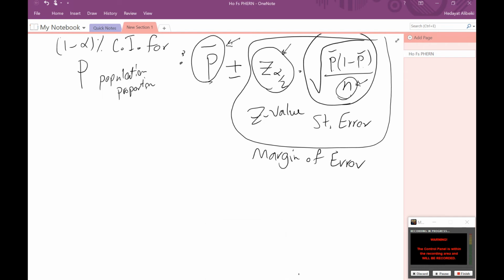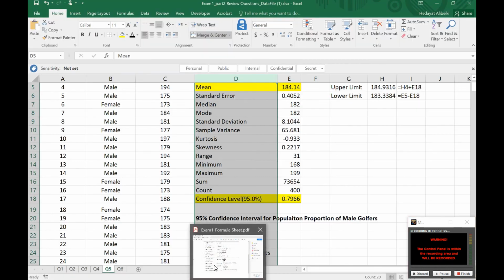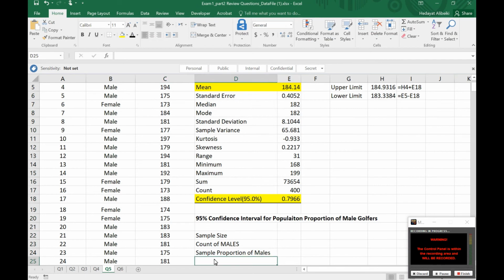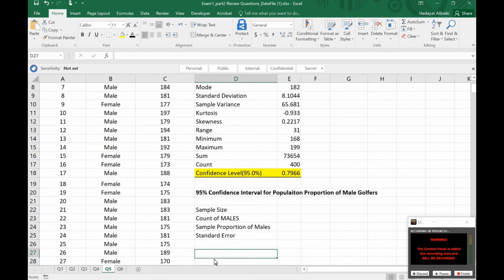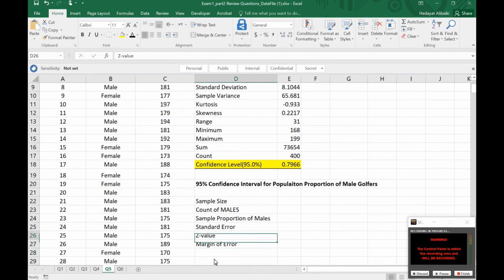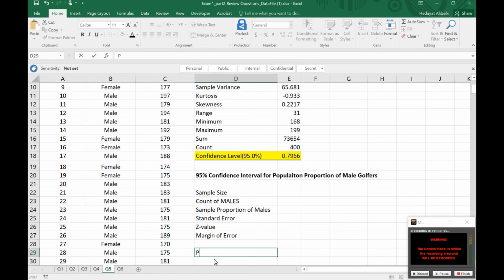With n and P bar, I can find standard error. Then I need to calculate z value. With z value and standard error, if I multiply them, I can get margin of error. And after having margin of error and point estimate, I can do point estimate, upper limit, and lower limit.